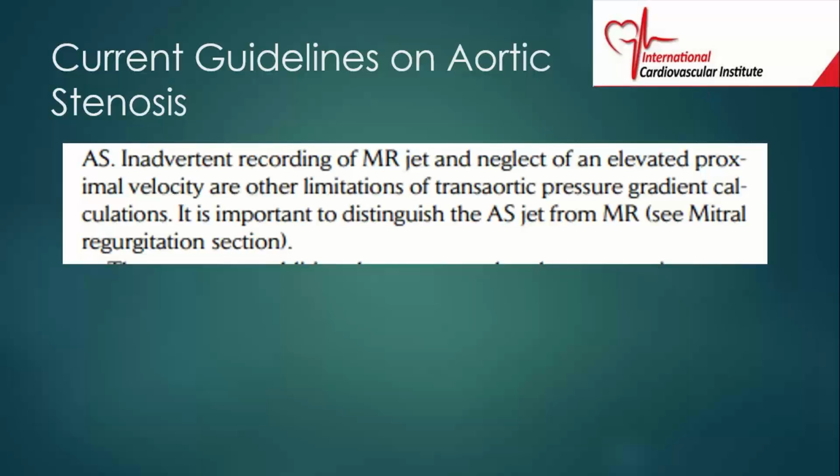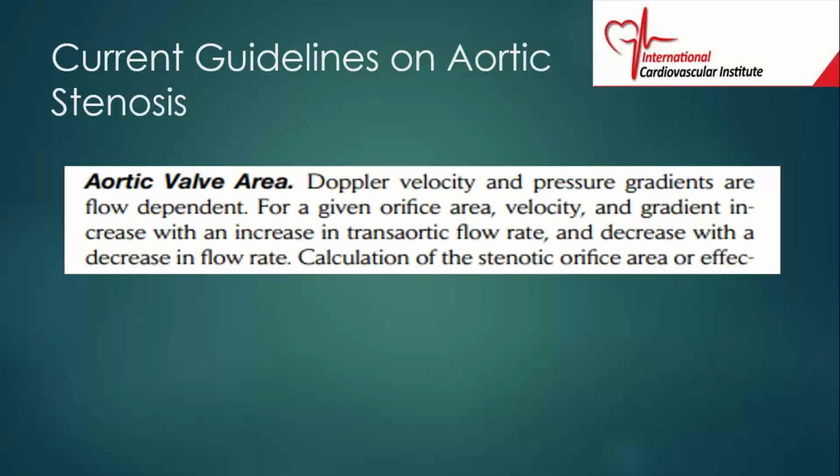We're not saying that you can't get aortic stenosis with velocity greater than 5 meters per second, but if it's 5 meters per second, think MR. Remember, with MR you don't have the IVRT, so you look at the envelope in its entirety.